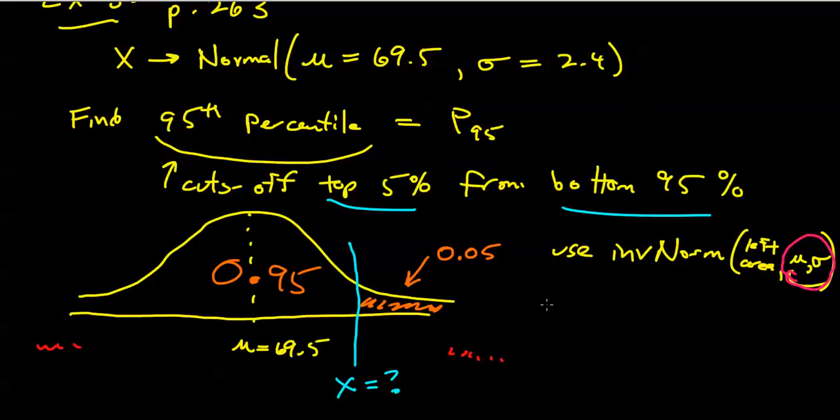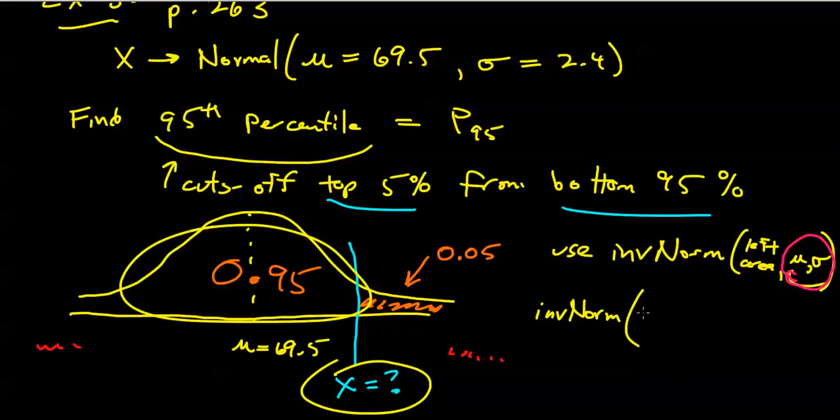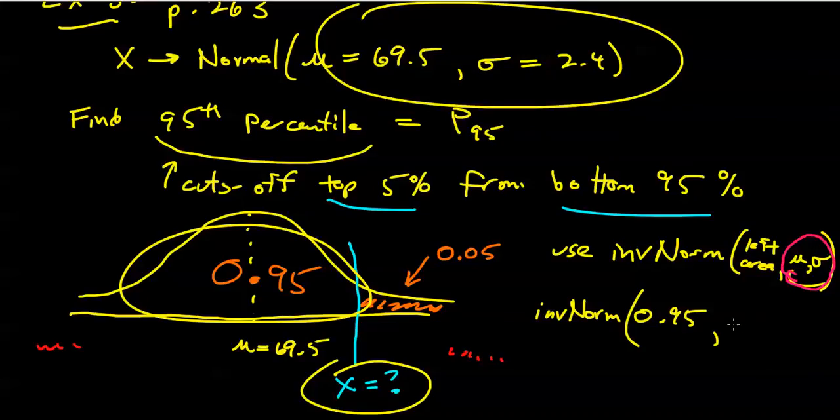So that's the only thing that changes here, really. For this problem, we're going to use inverse norm. The area to the left of this value under the curve is going to be 0.95. And of course, we must use our non-standard values for mean and SD, namely 69.5 and 2.4.